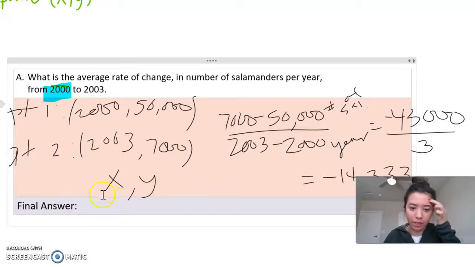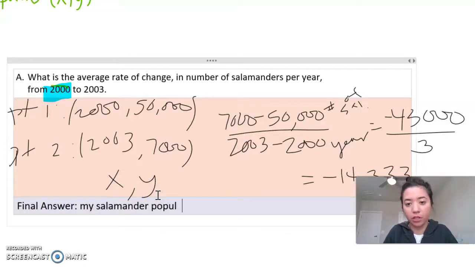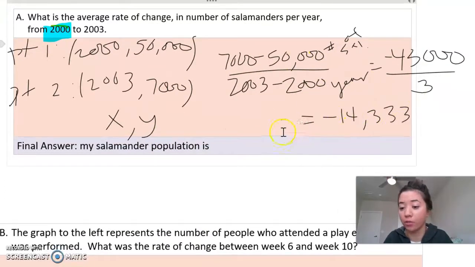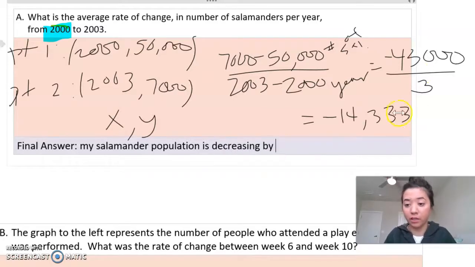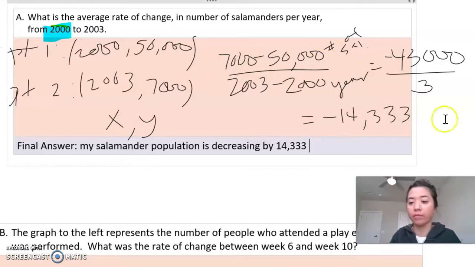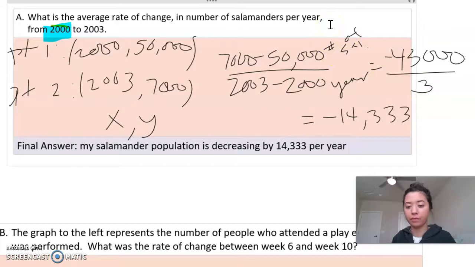My final answer is my salamander population. I have negative 14,333, so is my population increasing or decreasing? It is decreasing by the rate of change. My salamander population is decreasing by 14,333 per year.